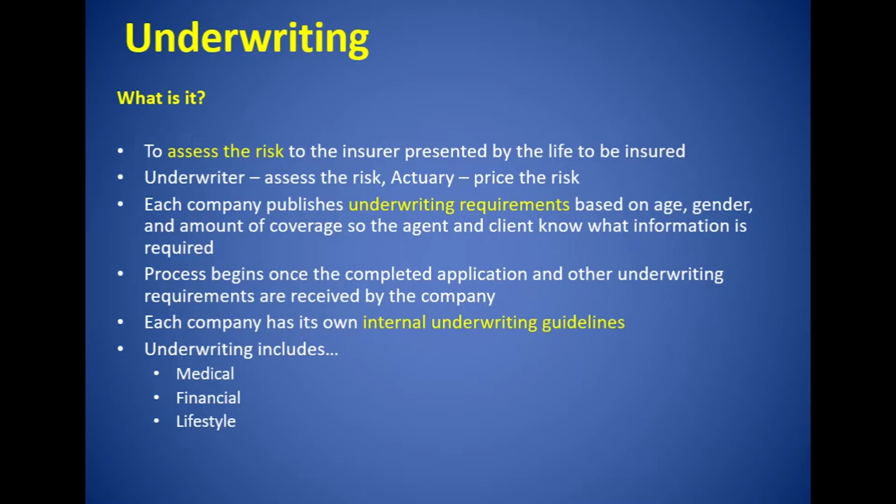Usually, the older the applicant is and the larger the amount of insurance, there are going to be more underwriting requirements, more medical information and other information that is going to be required. But it's not a secret. So the agents and the advisors and the client would also know exactly when they're applying for an insurance policy, what kinds of information is going to be required, what are they going to be asked to provide.